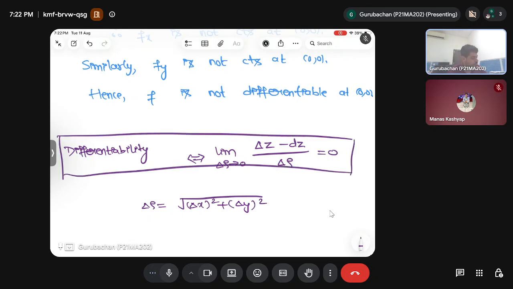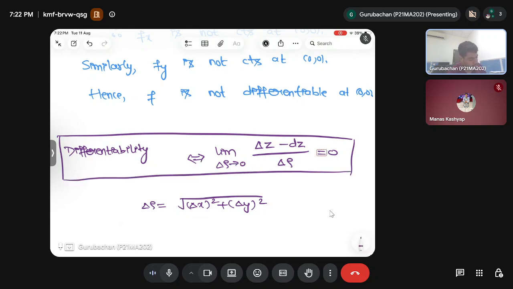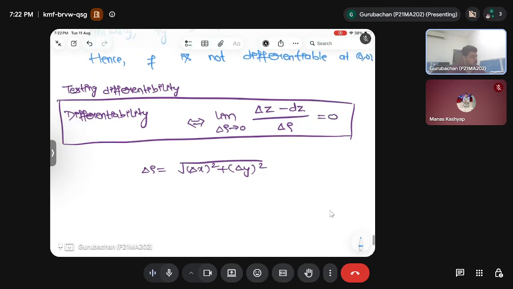This is your limit differentiability test, or you can say testing differentiability. To do this, obviously we need fx at (0,0) and fy at (0,0). Then only we can do this. So limit delta rho tending to 0.